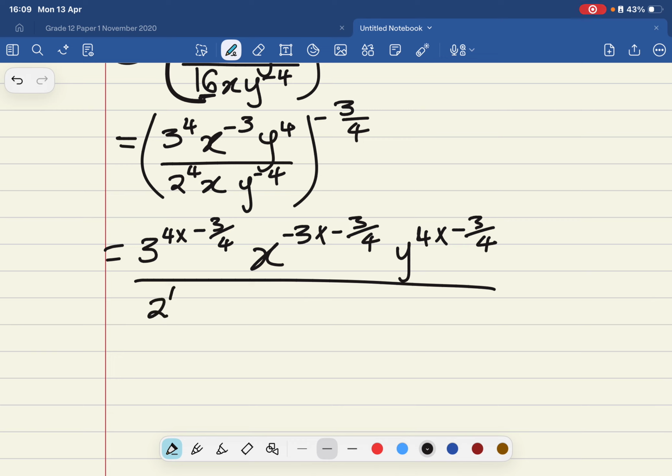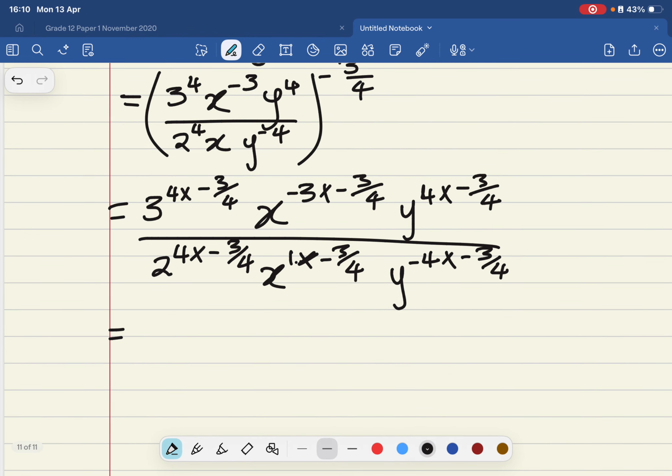So it's 2 to the power of 4 multiplied by negative 3 over 4. Then we have x, 1 multiplied by negative 3 over 4. And lastly, you have y to the power of negative 4 multiplied by negative 3 over 4.